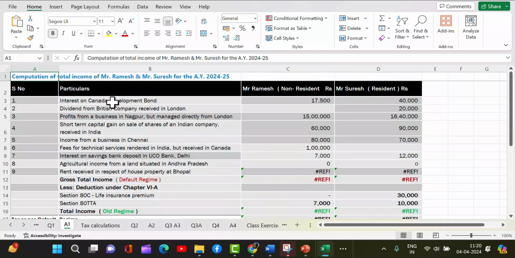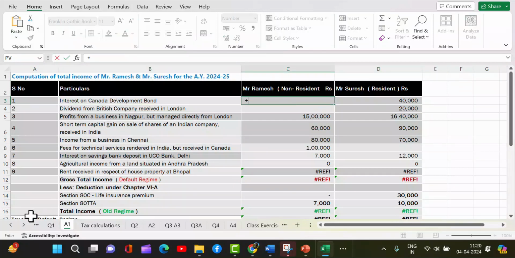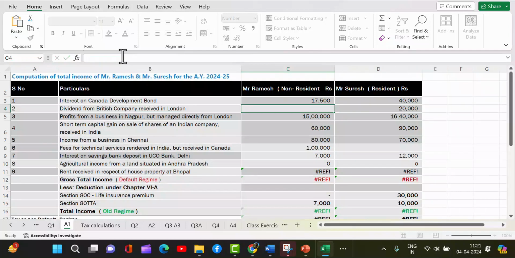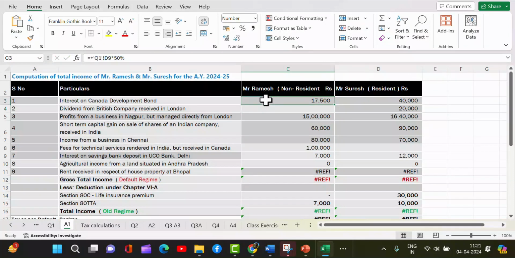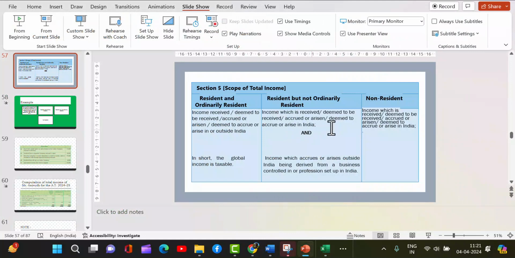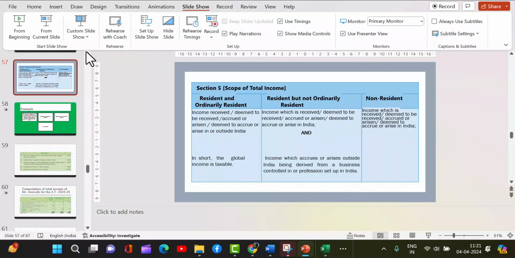So I'll put a plus sign here and go to my question, choose this and add only 50%, which is 17,500, and that will be taxable. Some money which is received in India is taxable, for example, income which is received or deemed to be received. I'm just showing you that particular chart where we did this.